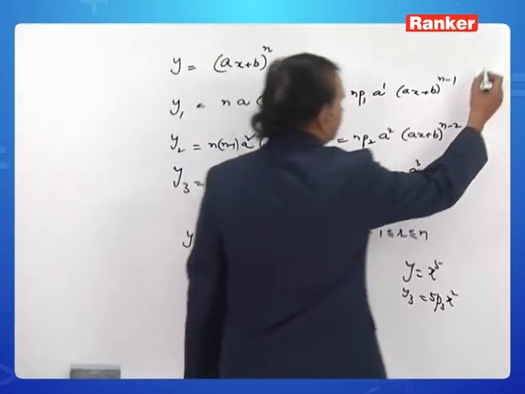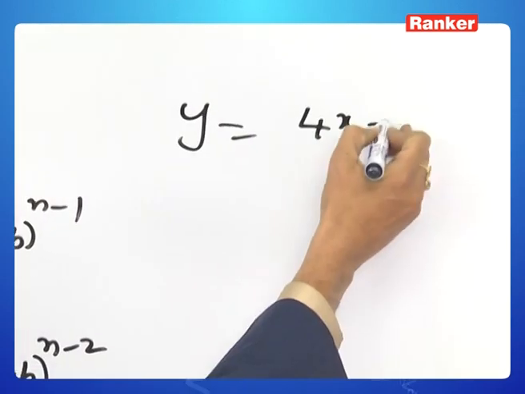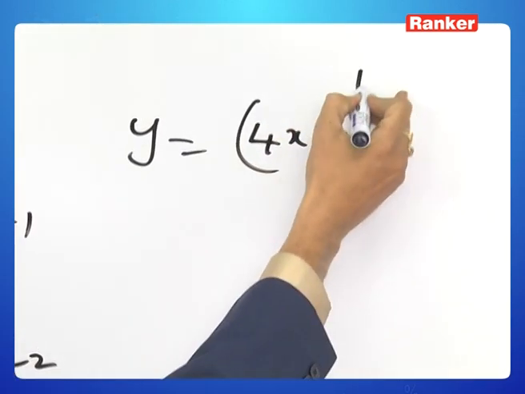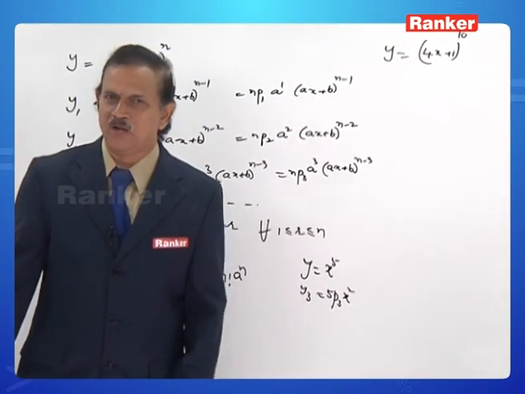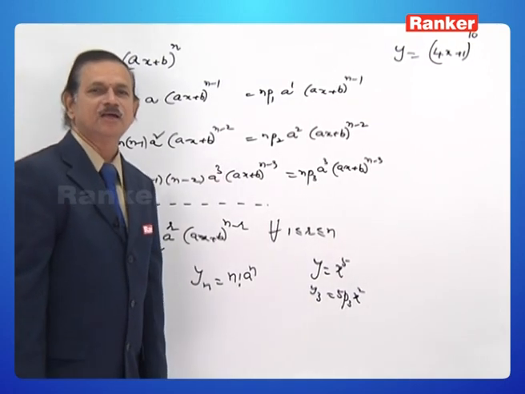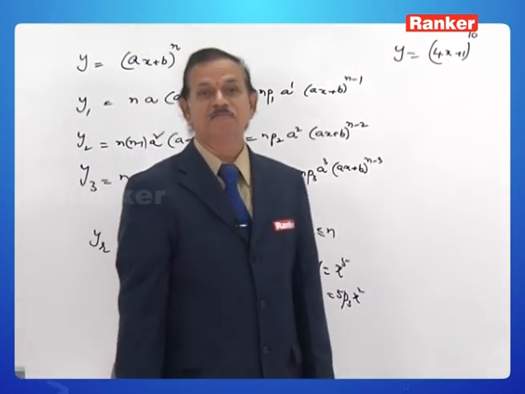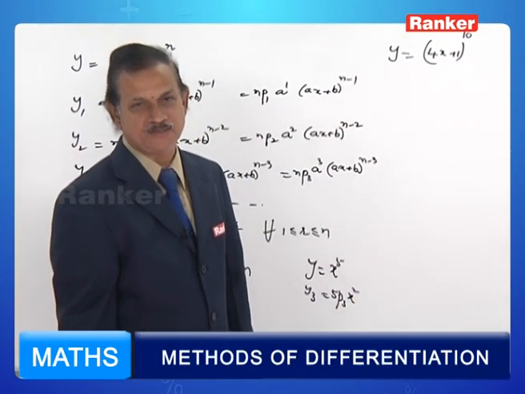And in general, suppose y is equal to (4x plus 1) whole to the power of 10. What is the 11th derivative of y? 0. Why is it? The power n is 10 only, and we are asking for the 11th derivative, so it is automatically 0.